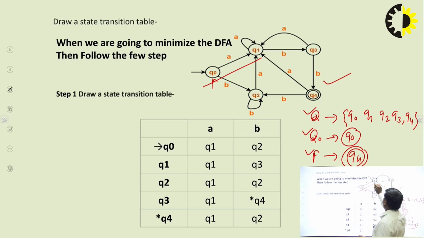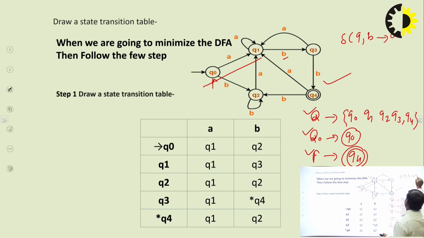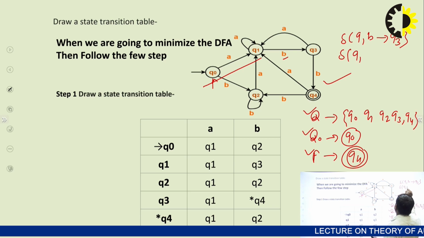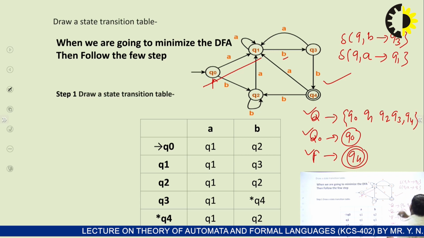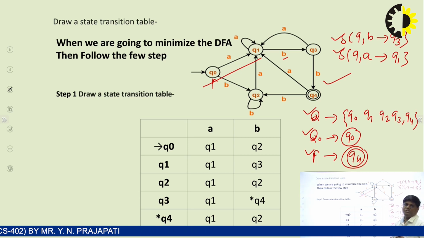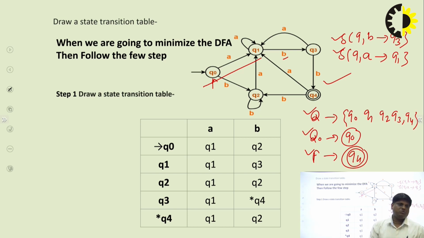For example, for the transition from Q1 to Q3, Q1 with input B goes to the next state Q3. Another transition for Q1 is Q1 with input A, and we reach the same state, Q1. With the help of this concept, we can write all the transition functions for the deterministic finite automata.